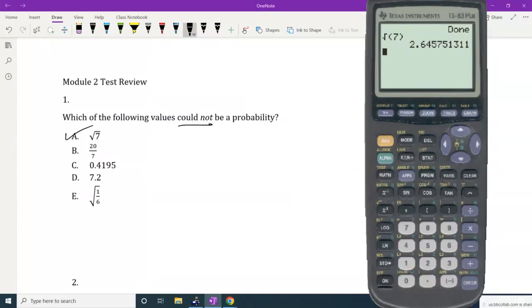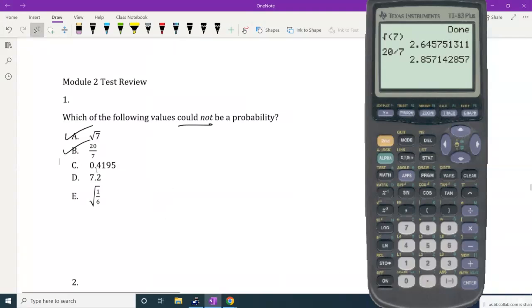So that one could not be a probability value. 20 over 7, I believe that's going to exceed 1, 2.8. So that is not a probability value.